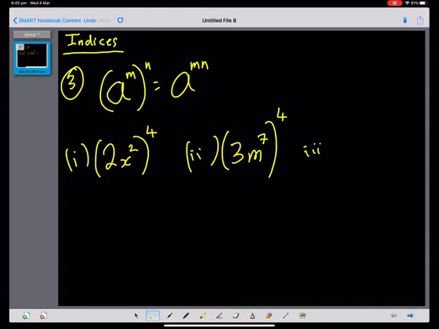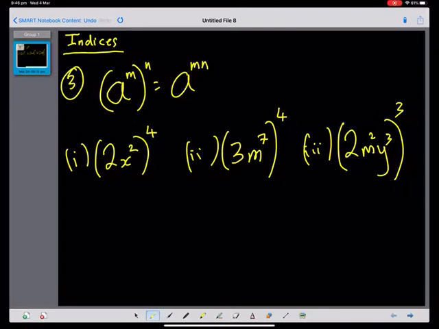And let's do 2m squared y cubed all to the 3. Okay, I'd be interested to see how we go on 3, as we haven't done two variables next door to each other, but the principle is the same. Okay, so pause the video and have a go at doing these.